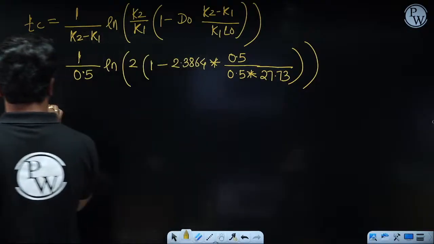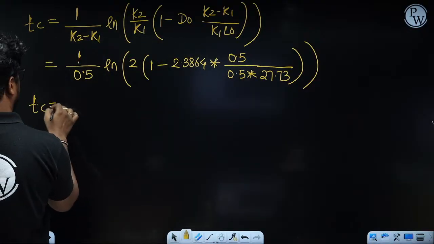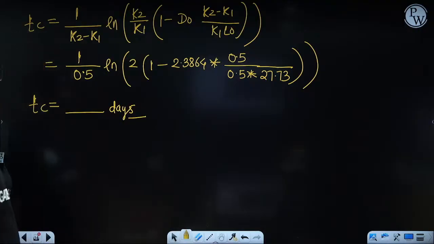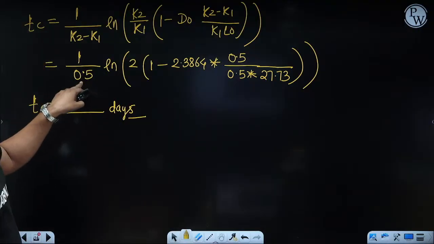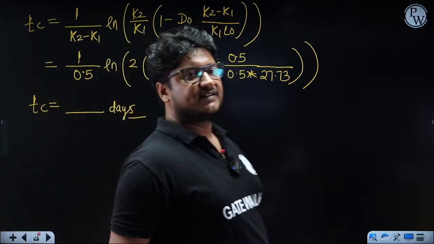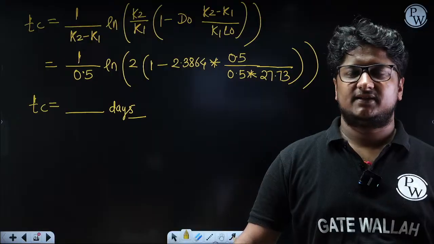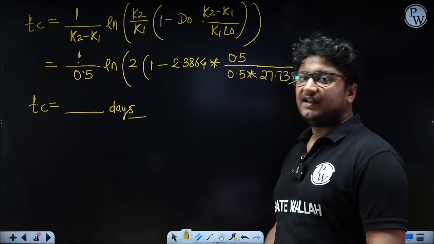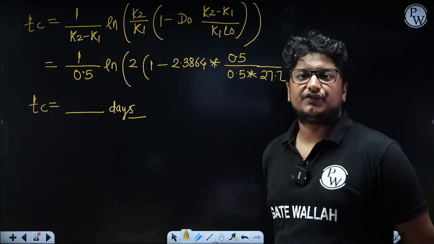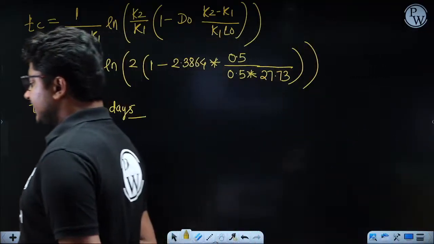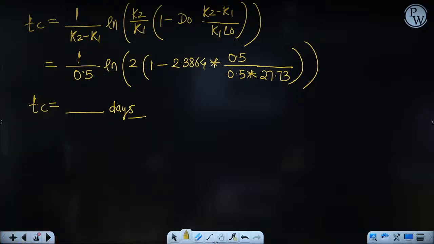How much time did you get? The time value you will get in days, because 1 upon K2 minus K1 you have done now. The unit of K is day inverse, so the time will be in days. Give me the value. This time I am expecting all of you to give me the value in the chat section.